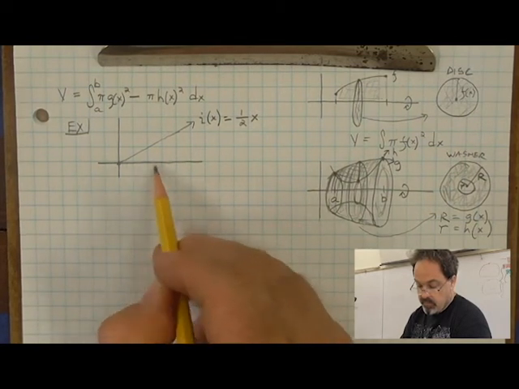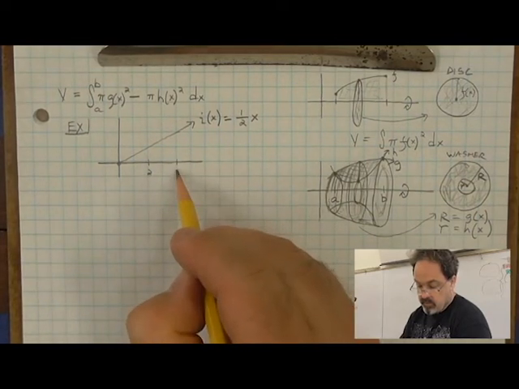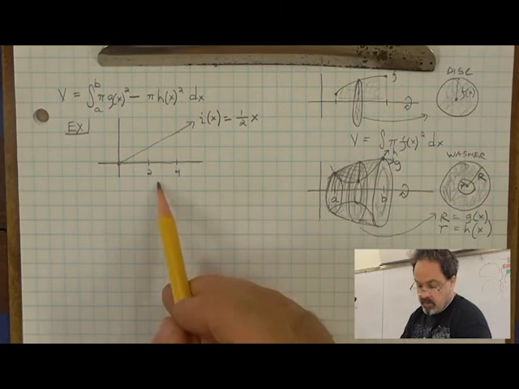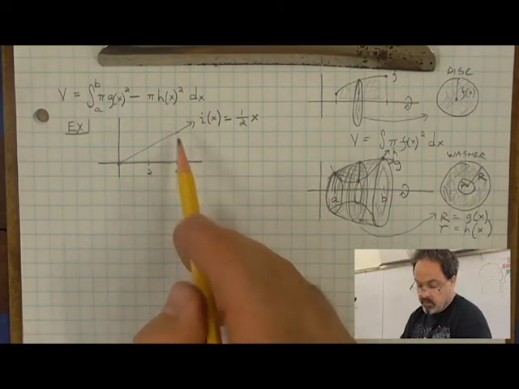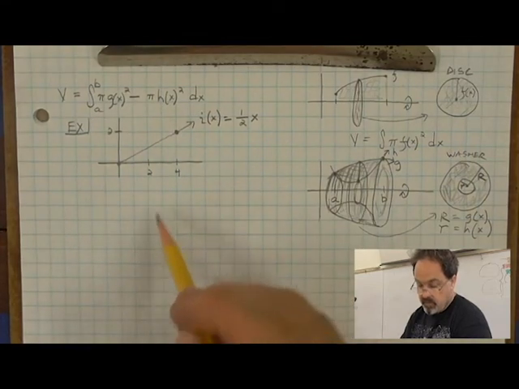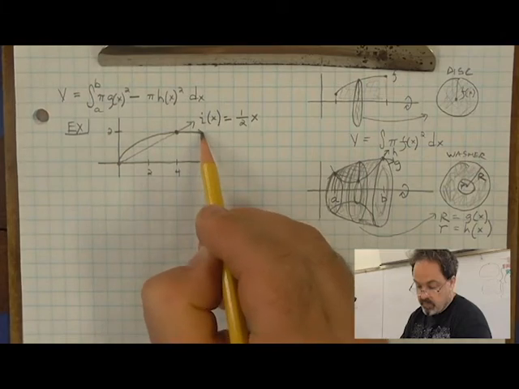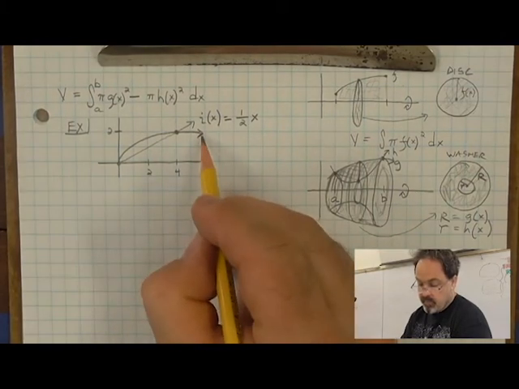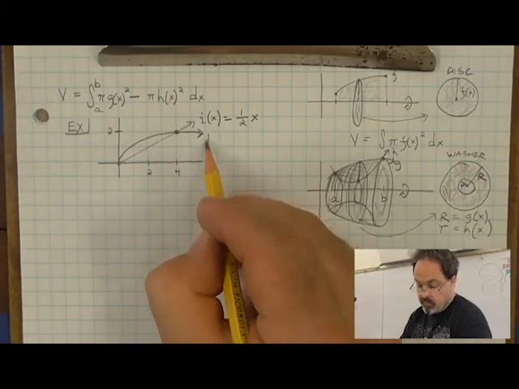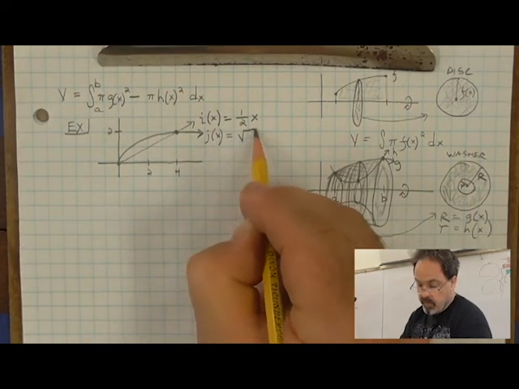Let me graph this more precisely. If this tick mark is at 2, and we have 4 here, then the root of 4 is 2. So I know that my root function is going to hit that point there, and the root function that joins the origin will go like this. I'm going to call this function, the root function, j, and the expression for it will be radical x.